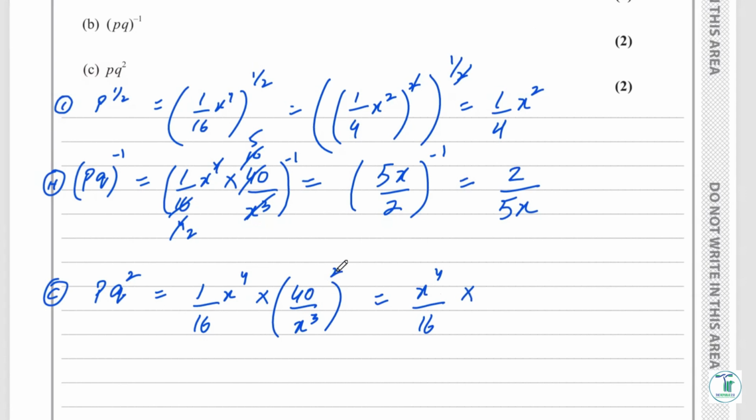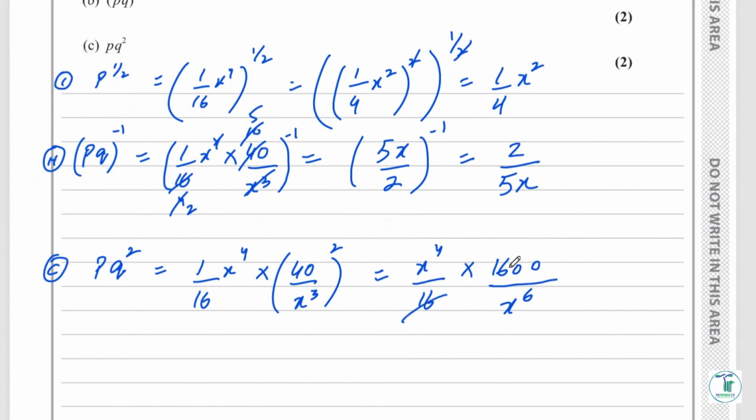The square of 40 is going to be 1600 divided by x to the power of 6. So now I would be having something like 16 ones are 16, 16 hundreds are 1600, and this would get cancelled out. So I must be having 100 upon x square, which can be simplified as 100 x to the power of negative 2. That is how we're going to write this thing, and for this one and for this one as well.